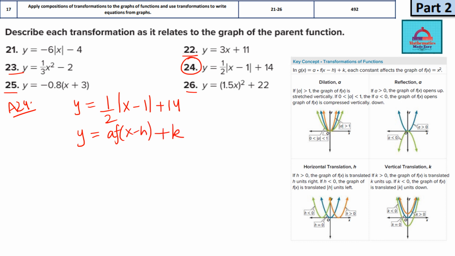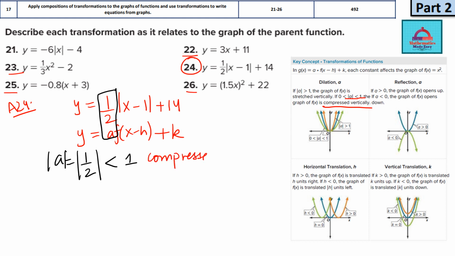So let's find our value of a. A here is 1 by 2, and if you take the absolute value, it's still less than 1. So if you go back to your table, if the absolute value is less than 1, the graph is compressed vertically down. So the dilation that is going to happen is compressed vertically. This is the first transformation.